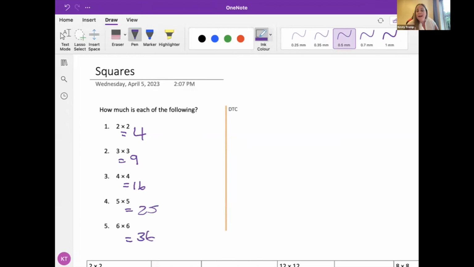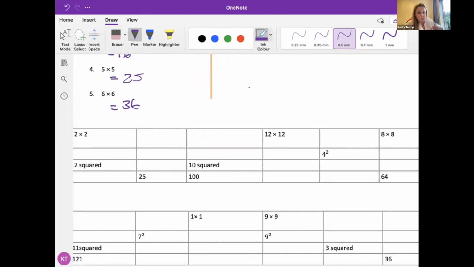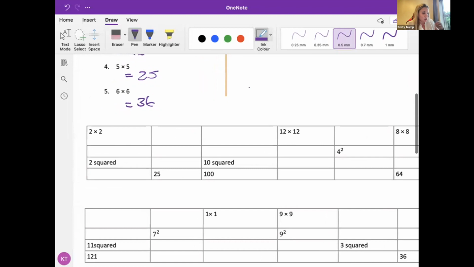Another way that we can do this is we can look at a table in the following way. Another nice way to look at 2 times 2 is we can say something like 2 times 2 is the same thing as saying 2, and then we can put on the top here, to the power of 2.